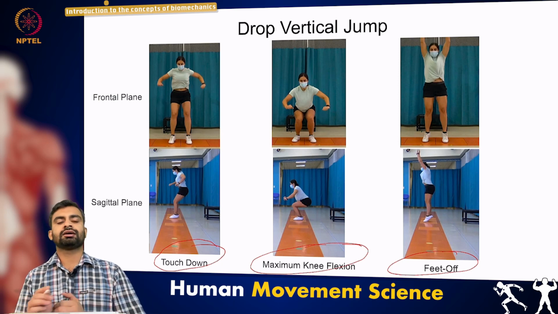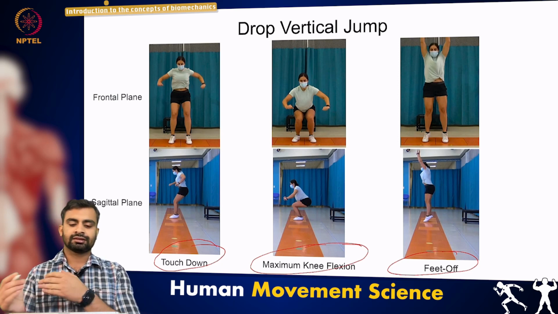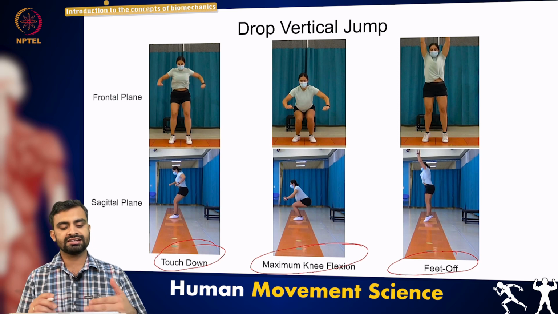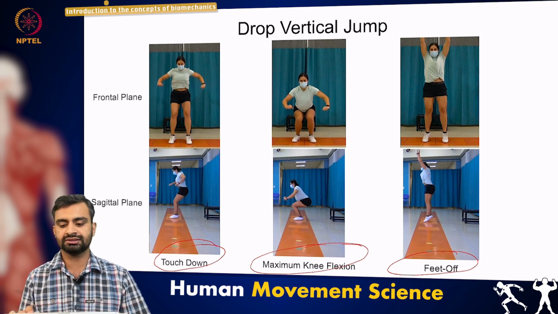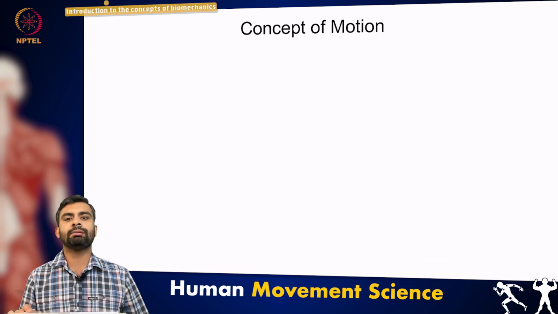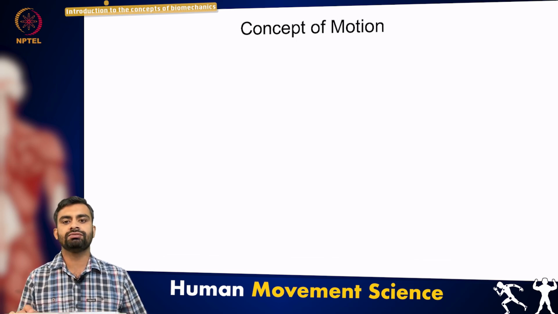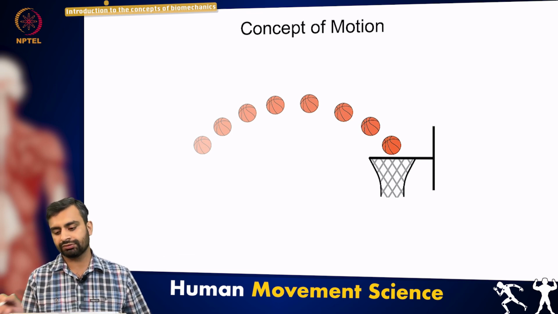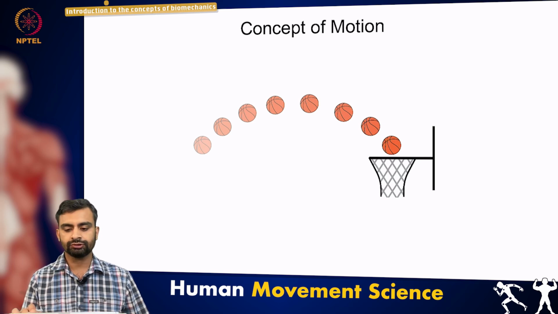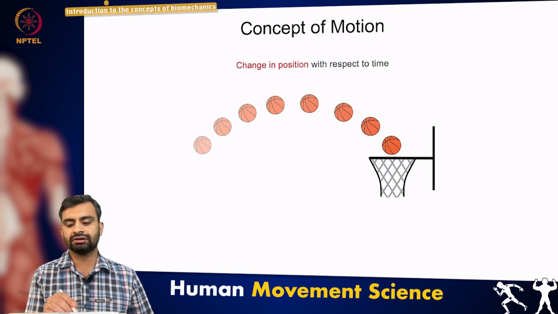So let's discuss the various concepts of kinematics first, and then see how these are being applied in a drop vertical jump. To apply these concepts, first of all, we need to understand the concept of motion. For example, when you are throwing a ball in basketball, how do we define motion?